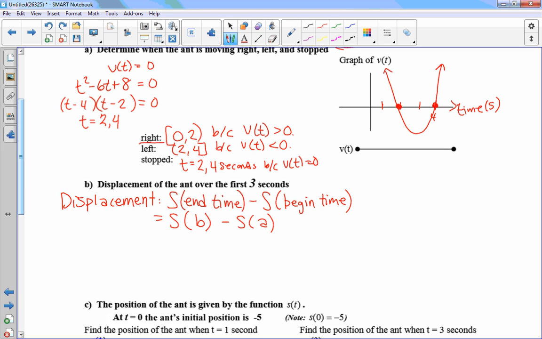The S function is a position function. If we have velocity, we integrate, we take the antiderivative. Then we take the limits: the higher limit, subtract the lower limit. So this is really S of t from A to B.